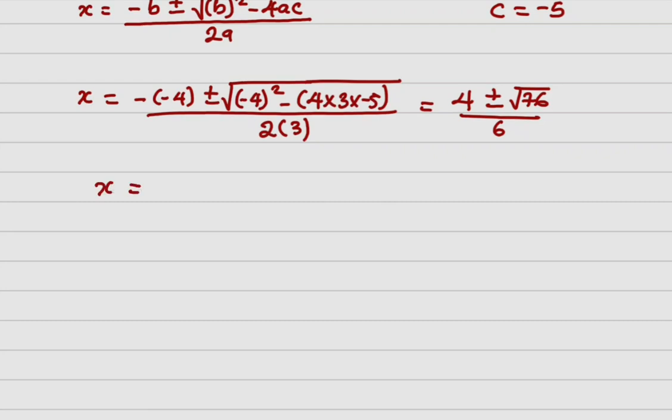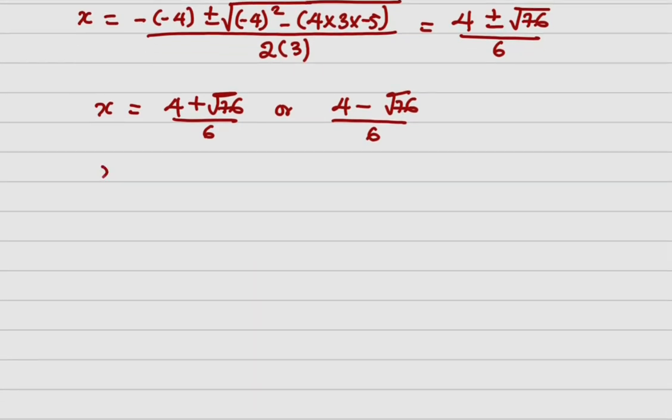So x is either 4 plus root of 76 all over 6, or 4 minus root of 76 all over 6. Hence, x will be equal to either 2.12 or minus 0.79. These are stationary points, so we need to know the maximum and the minimum point.